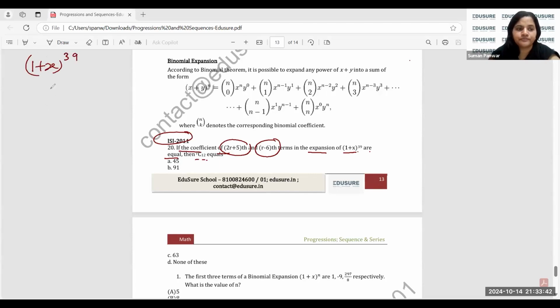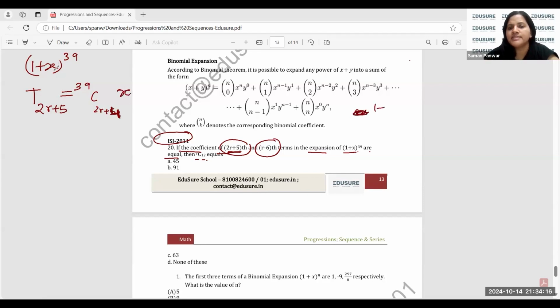If you look at the formula for T(2r plus 5), it is going to be 39C(2r plus 5), in fact it has to be 1 less, and then x power. Now, what is the expansion of (a plus b) power n?